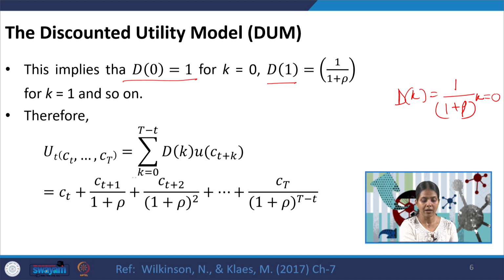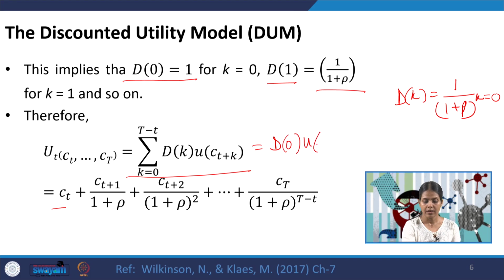Therefore, we have this expression, the original expression, which can be expanded, and when dk is replaced by this expression, we have Ct. First of all, this can be expanded as d naught u Ct plus 0, t plus 0 is basically t. Then d 1 u Ct plus 1 and so on.